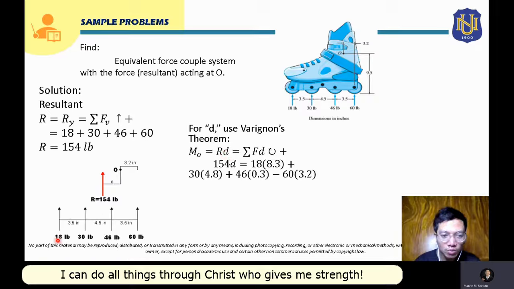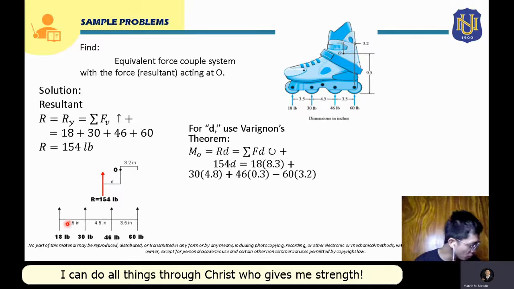Now, for the component forces, which are 18 pound, 30 pound, 46 pound, and 60 pound, we will take their moment also about point O. So let's start with 18 pound. Its moment arm about point O will be 3.5 plus 4.5 plus 3.5 minus 3.2 so that we can solve this perpendicular distance.